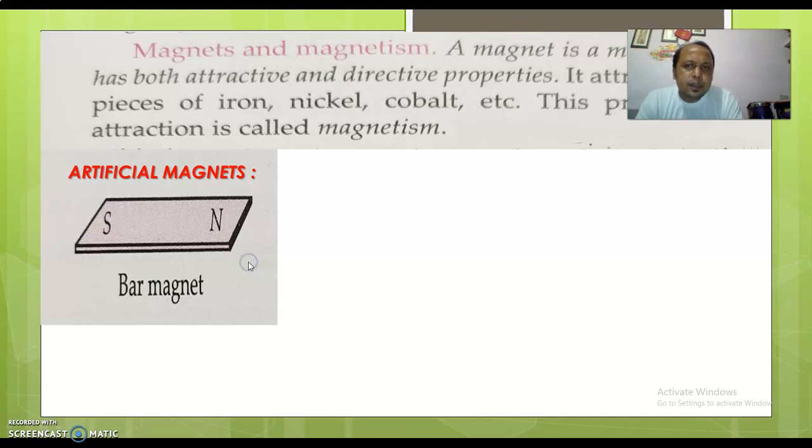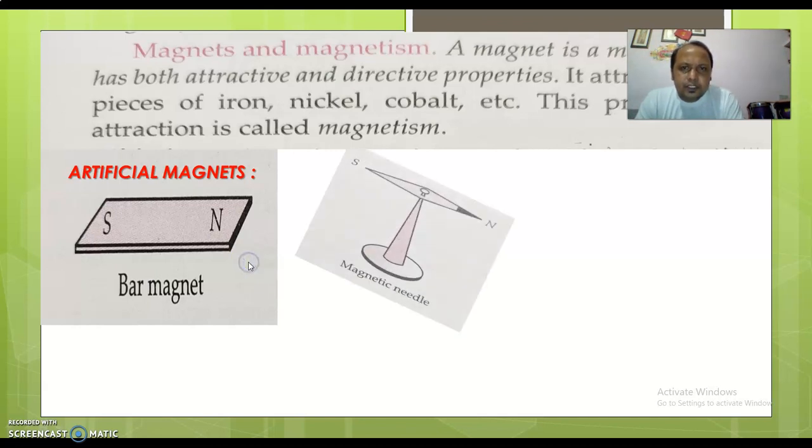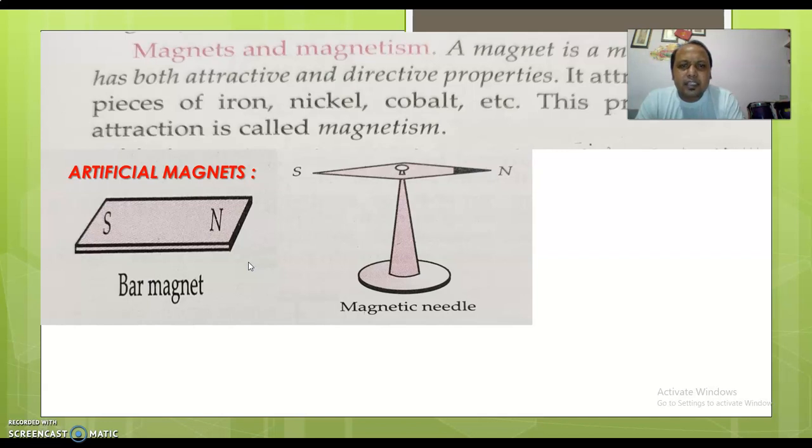Another example of an artificial magnet is the magnetic needle, which is suspended such that it can move freely in the horizontal plane. If it moves freely in the horizontal plane, it always aligns itself in the Earth's north-south direction. So this is the magnetic needle.